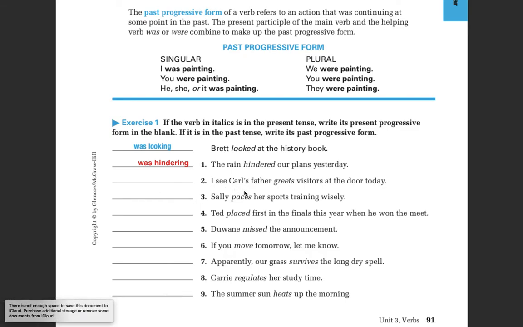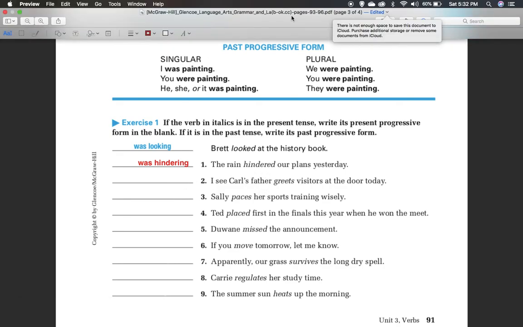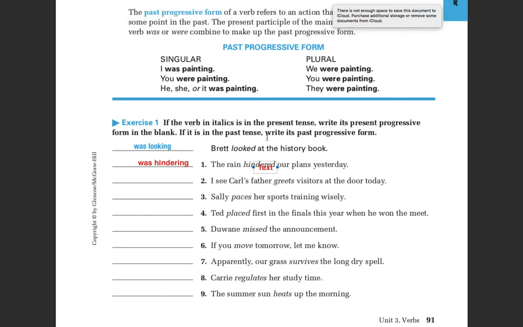So I see Carl's father. So Carl's father here is singular, so I must say is greeting. Okay, so this becomes, instead of greets, Carl's father is greeting. And of course, it cannot be Carl's father are greeting because it's singular. So I'm going to write the answer here. Carl's father is greeting visitors.